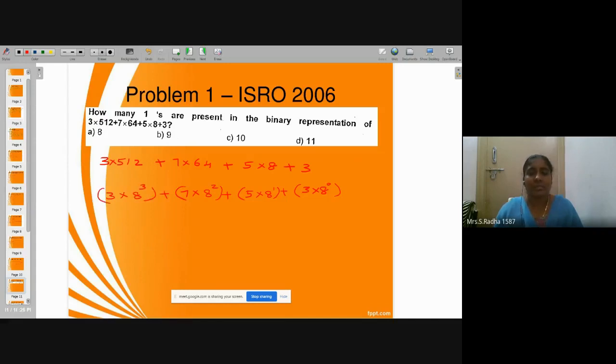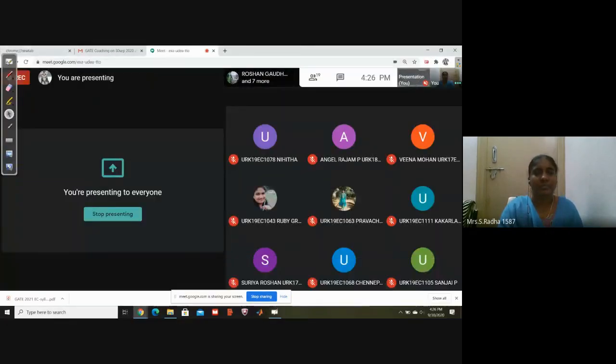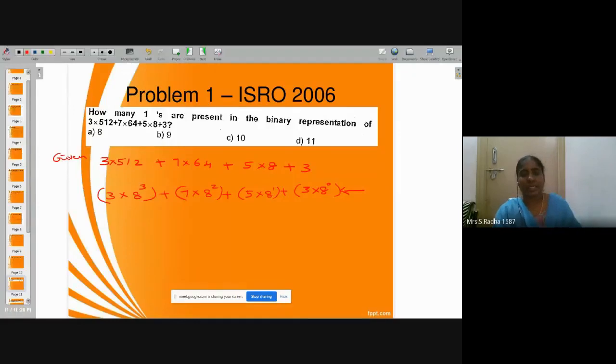So what do you understand from this analysis? The first line is given. The second line, if you remember, is the conversion of octal to decimal.